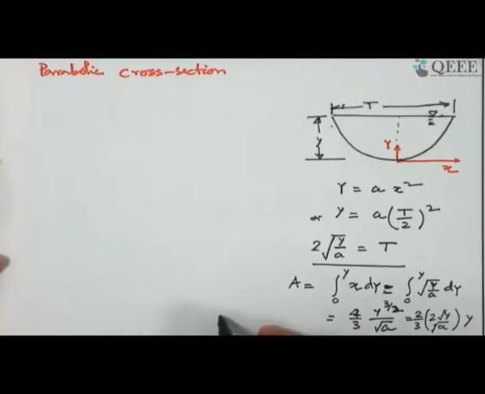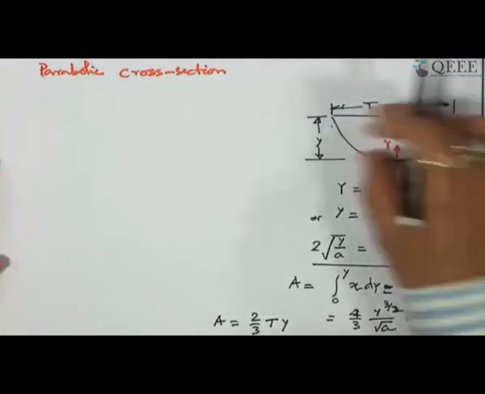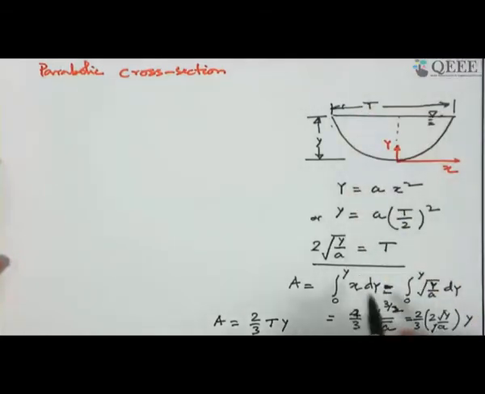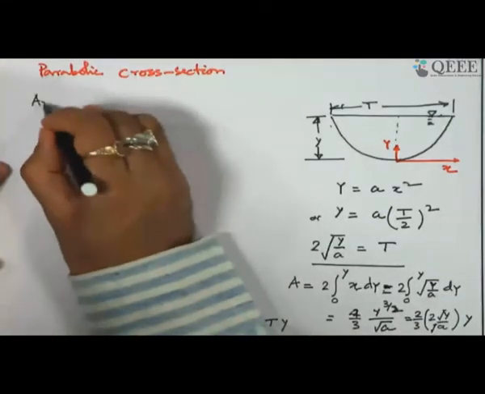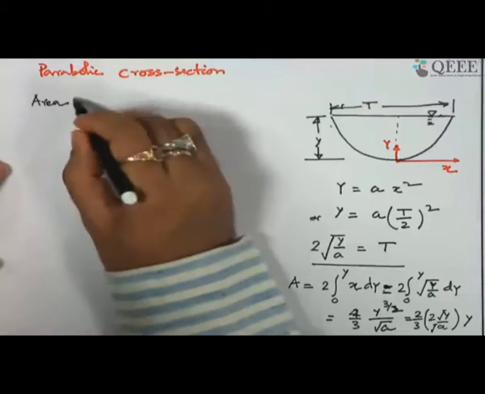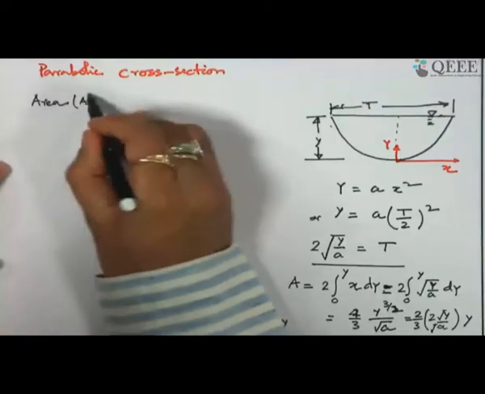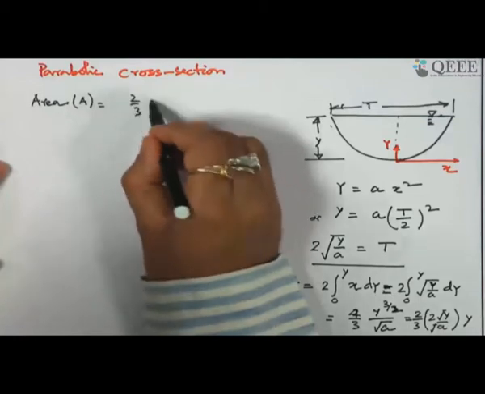This is nothing but area equal to 2 by 3 T into y. I multiplied by 2 here because we need to consider both parts, or we can directly write it as 2 into. So, in this case area is 2/3 Ty.